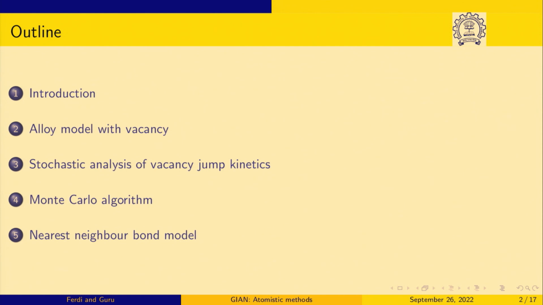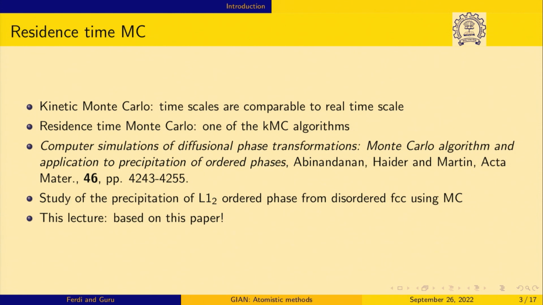And at the end I want to talk about a nearest neighbor bond model, just to know how these values are evaluated, and this paper is nice. It gives us an appendix how these values are evaluated, and then this GCMC for the construction of the phase diagram. So, everything is there in the paper, and the paper is from ACTA.